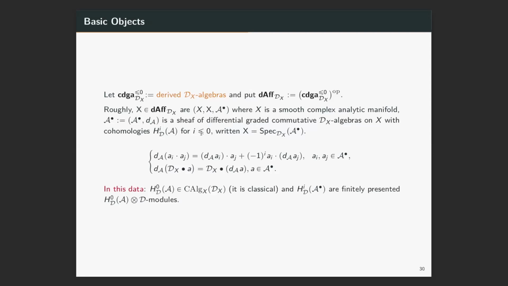And then this is the data, and the differential, since we're in the graded world, acts by a graded Leibniz type rule. If we stopped here, this is basically a derived scheme. It has some topological space with a sheaf of CDGAs.